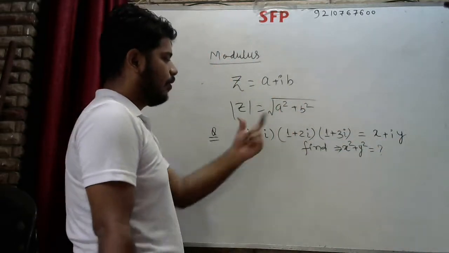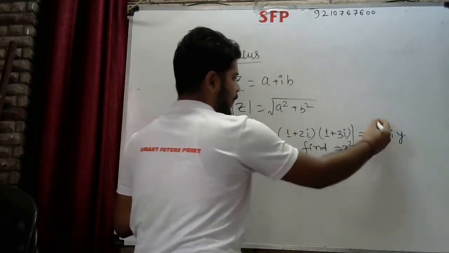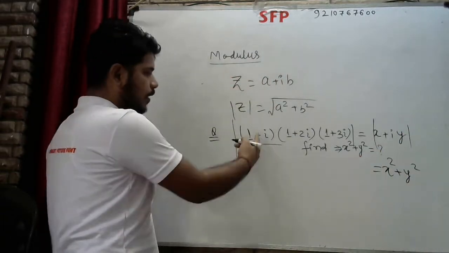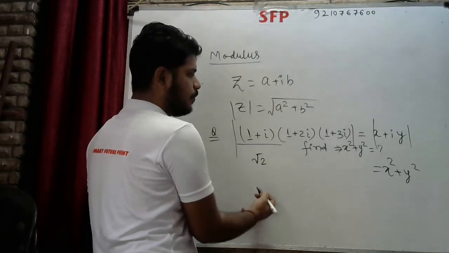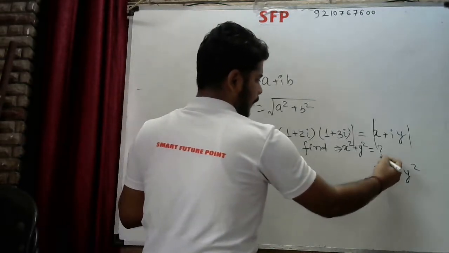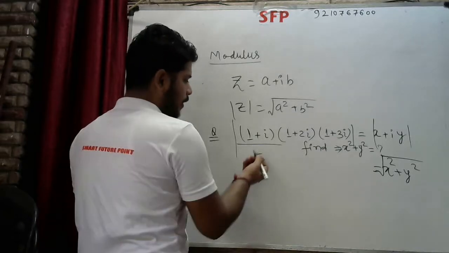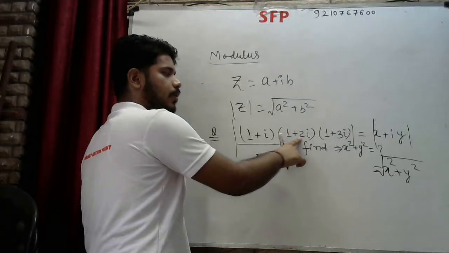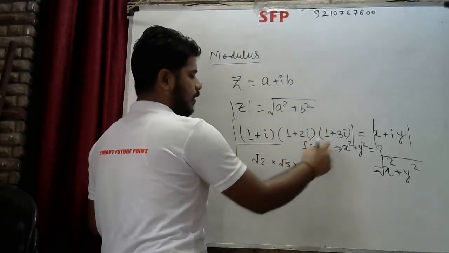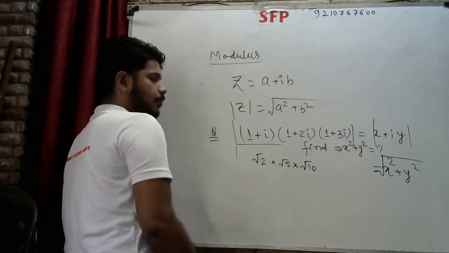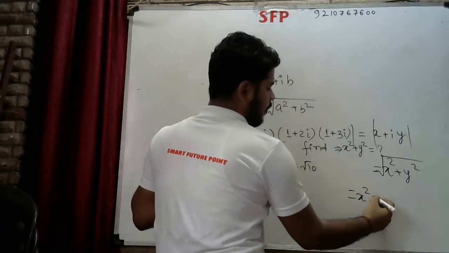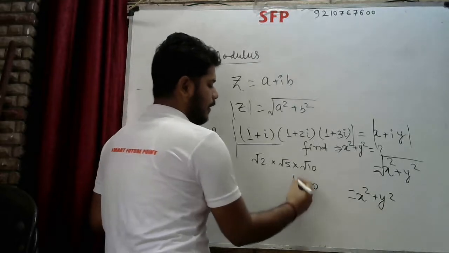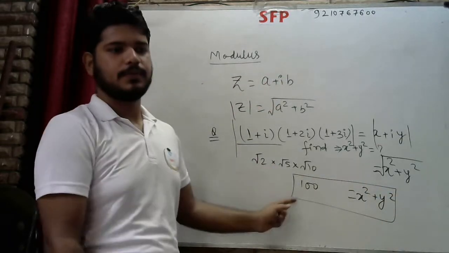If I take the modulus on both the sides, here we will get root of x square plus y square. Fine. Here I will get root 2, this is the modulus. Here I will get root 5, and here root 10. If I have to find x square plus y square, I will square on both the sides. I will get 2 into 5 into 10, which is 100. This will be your answer. Fine.